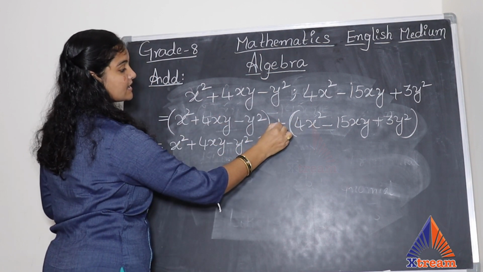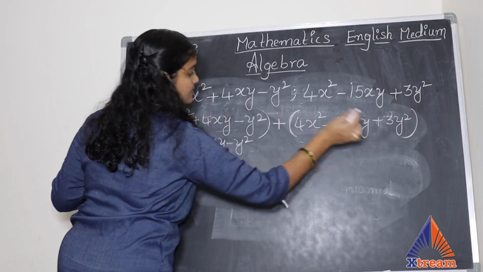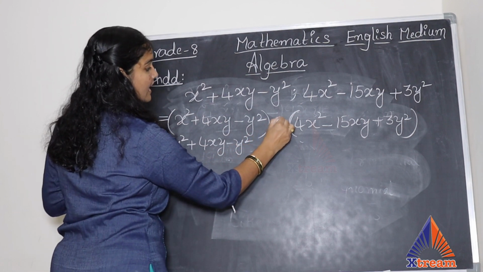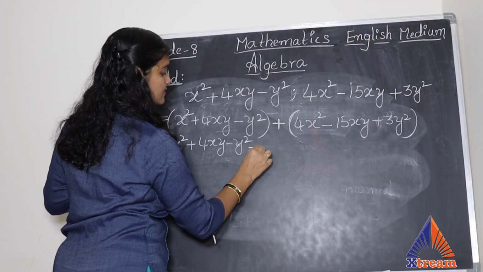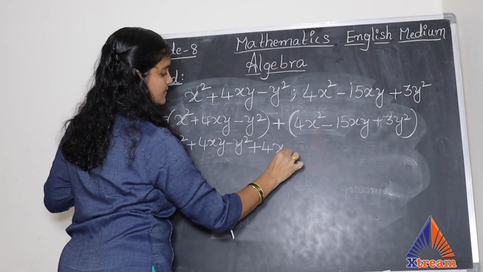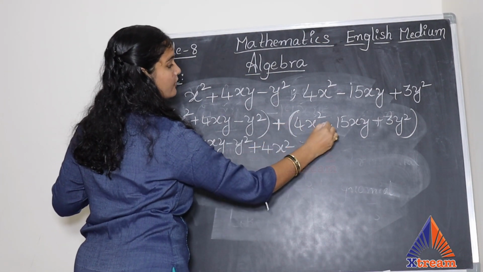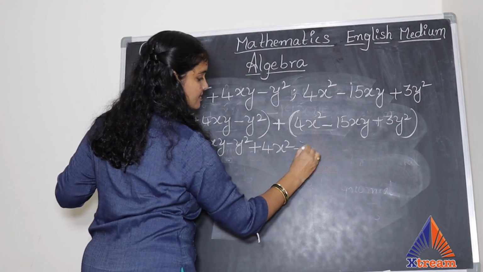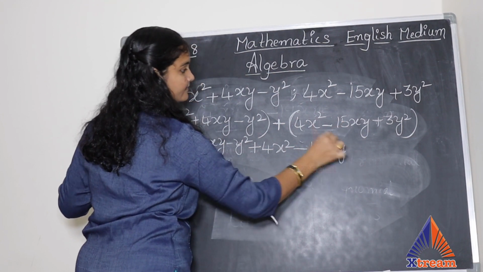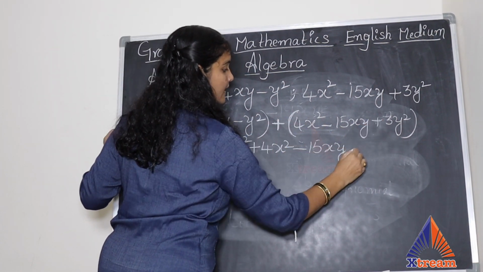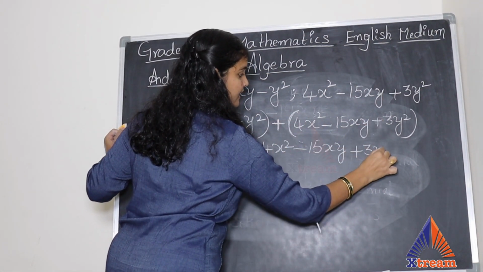This means this is multiplying this entire expression. So plus of plus gives us plus 4x square. Plus of minus gives us minus, which is the sign for 15xy. Plus of plus 3y square.